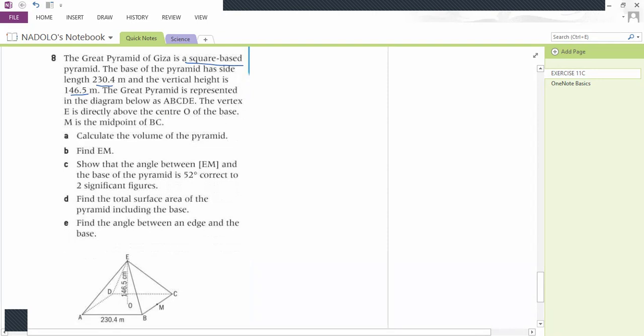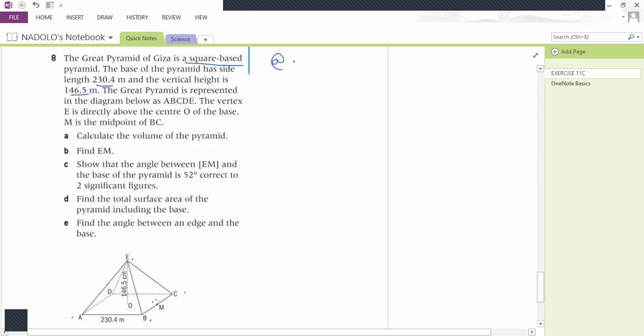So the Great Pyramid is represented in the diagram below as A, B, C, D, and E. The vertex E is directly above the center O of the base. M is the midpoint of BC, which is here.